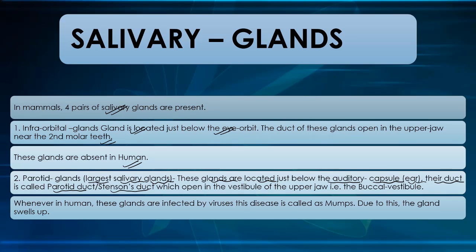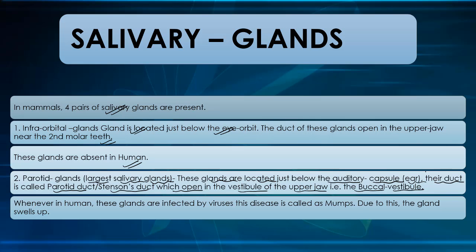Then the parotid glands are the largest salivary glands, located just below the auditory capsule ear. Their duct, the parotid or Stenson's duct, opens into the vestibule of the upper jaw, the buccal vestibule.